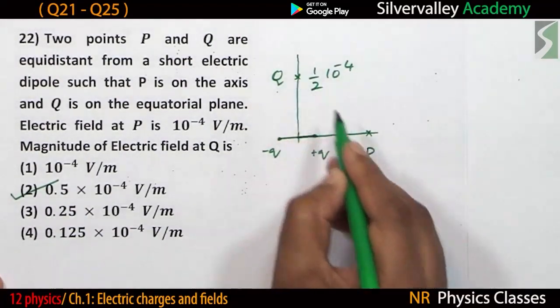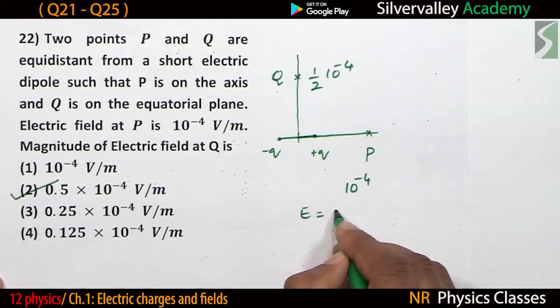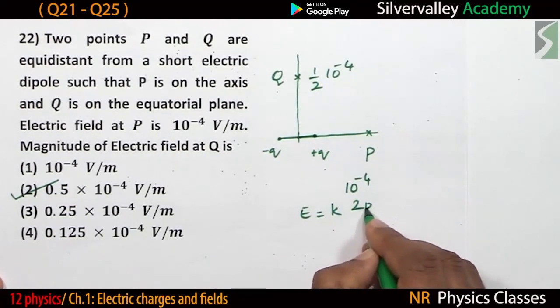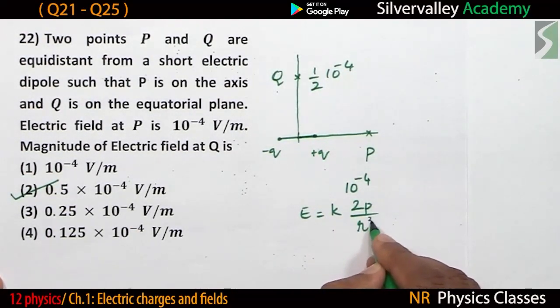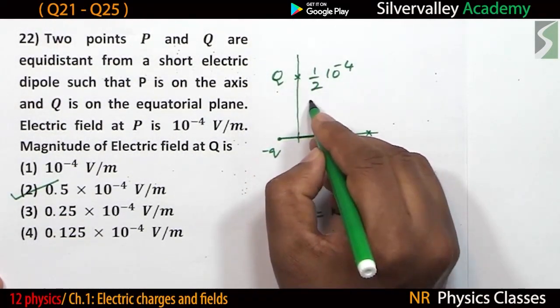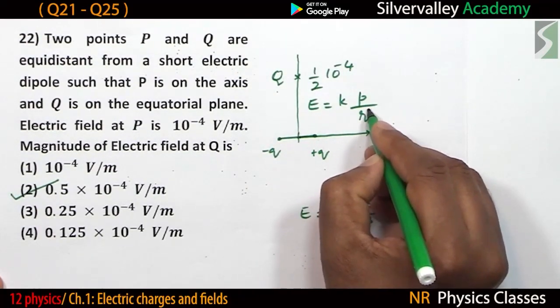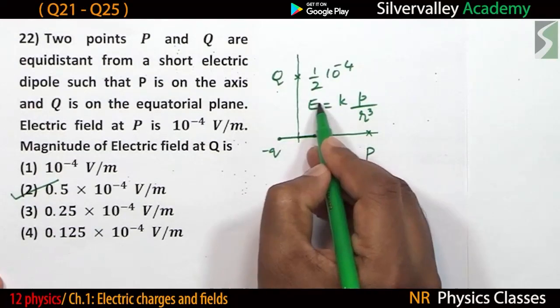Why is this electric field half of this? Here expression for electric field is constant times 2p by r cube, and expression for electric field at Q is constant times p by r cube. Of course there is a negative sign.